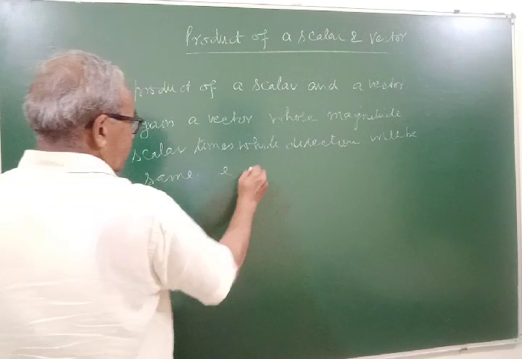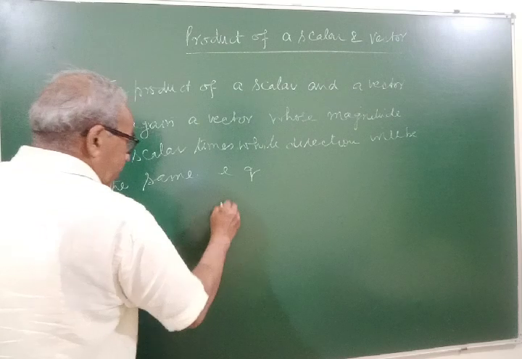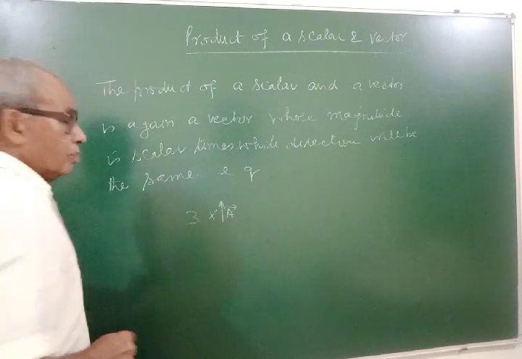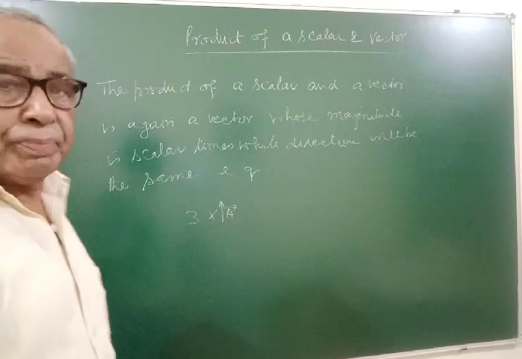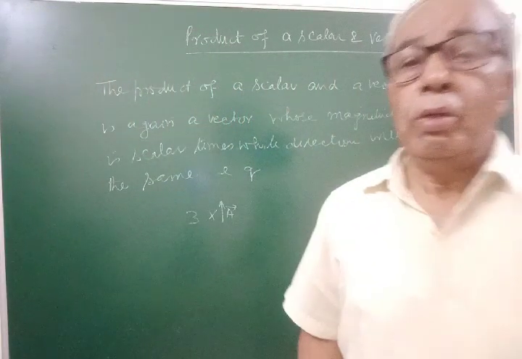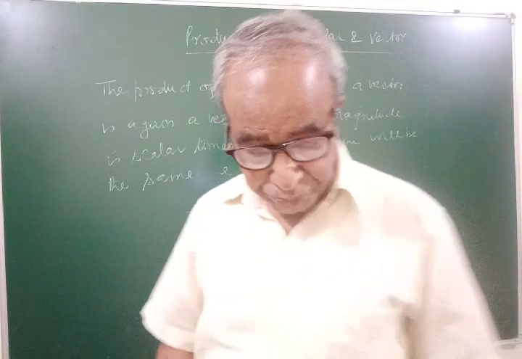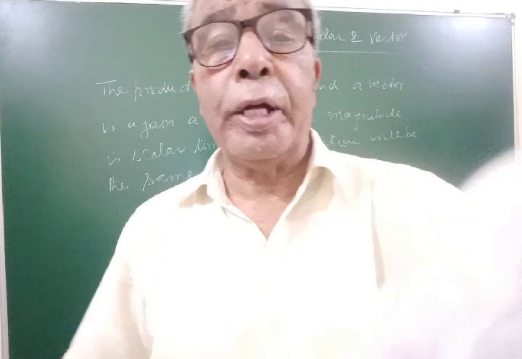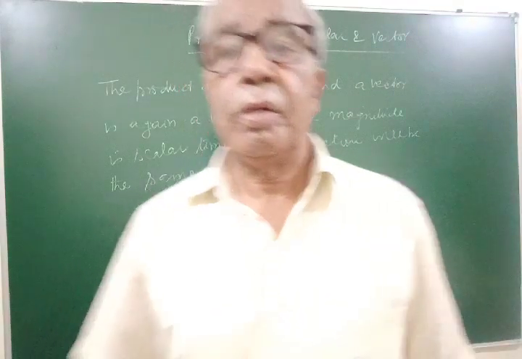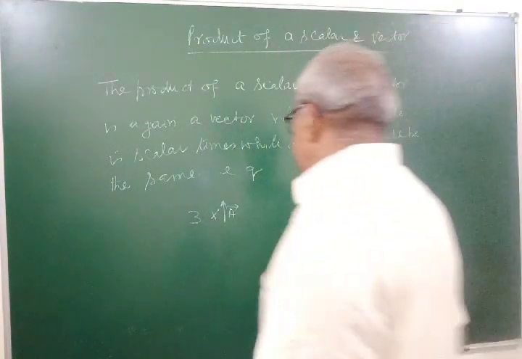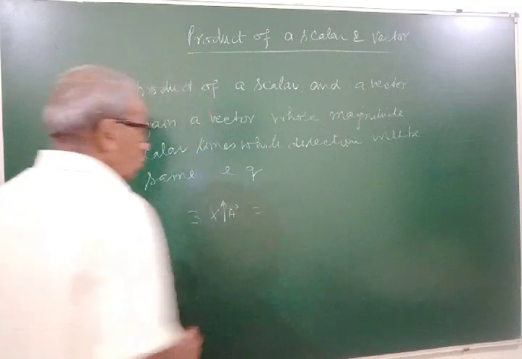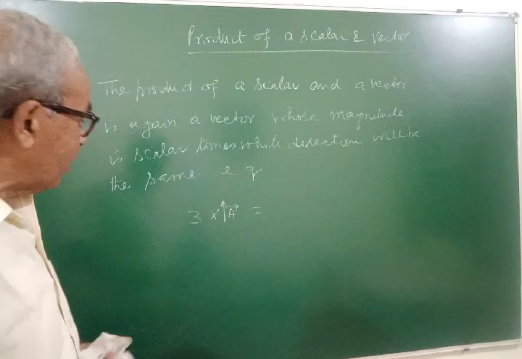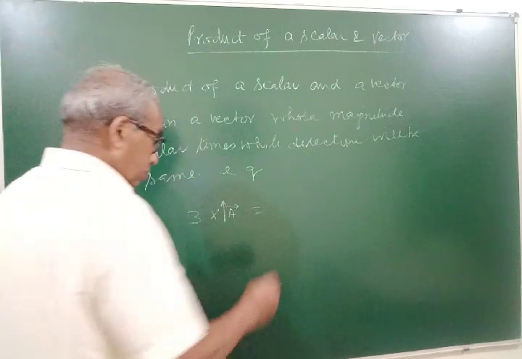For example, if this is vector A and it is multiplied by 3, what will happen? The direction will be the same, the product's direction is also the same, but the magnitude becomes 3 times. I told you that the length of the arrow gives the magnitude and the arrow gives the direction.